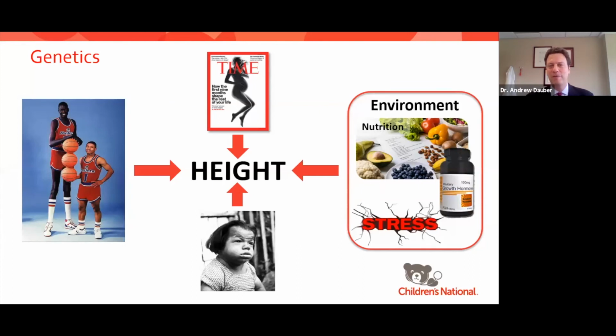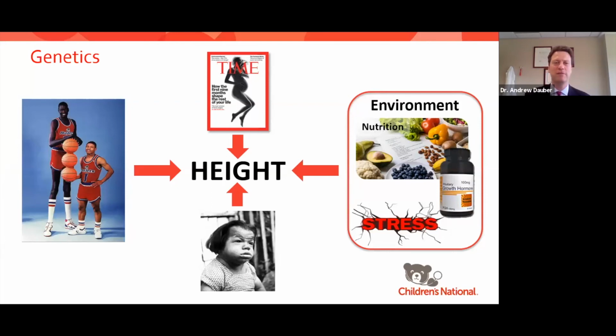In the top, you have the picture of the in utero environment. So again, here there are genetic and environmental influences as well as epigenetic influences, where what the fetus experiences in utero can have long-term effects on that individual's growth. But today we're going to focus purely on the genetic aspects.